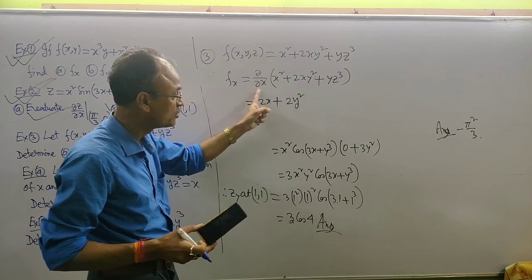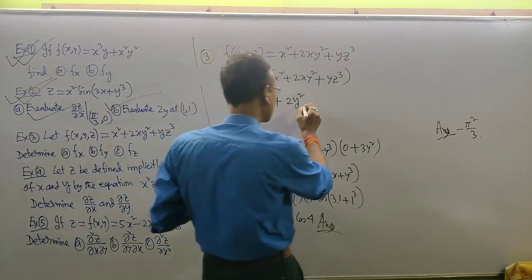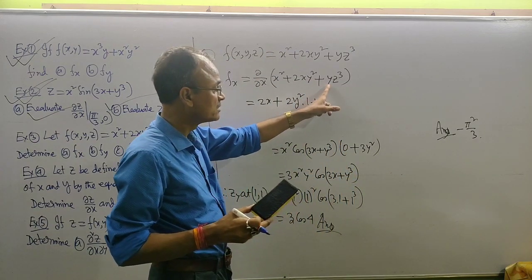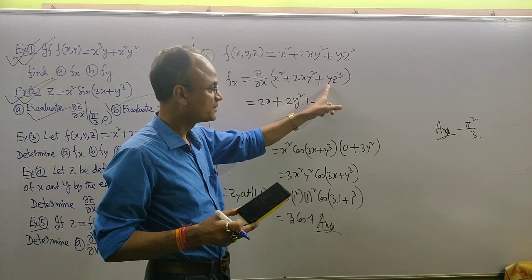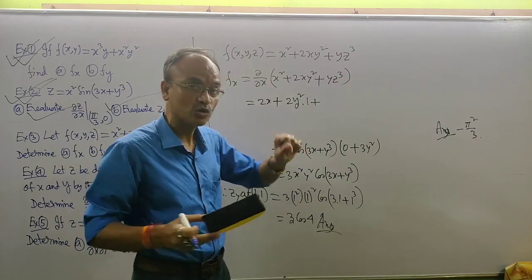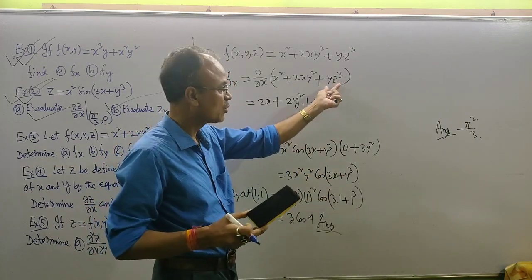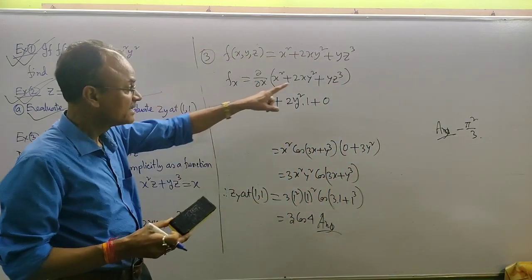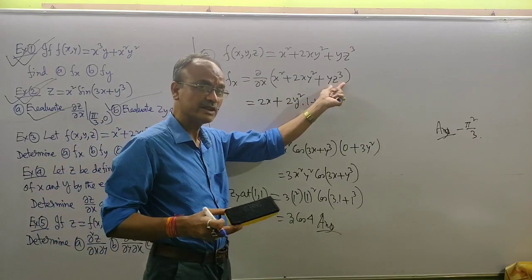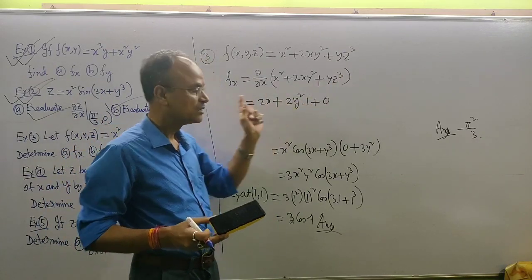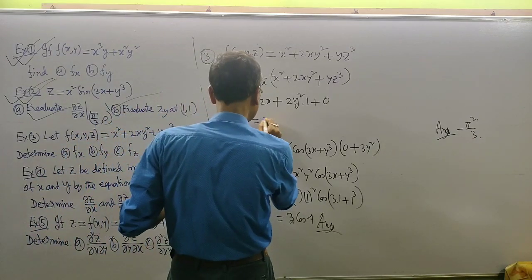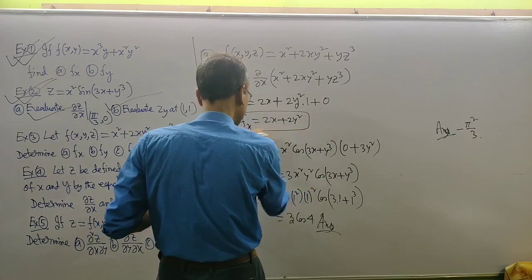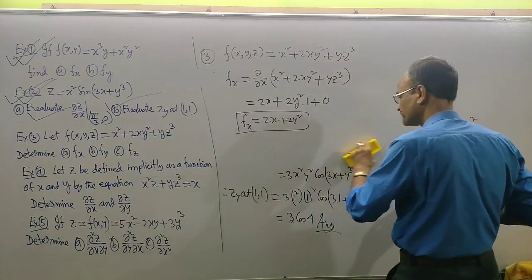Differentiation of x partially with respect to x is 1, so twice y square into 1. Plus y is treated as constant and z should also be treated as constant. Therefore, yz cube is constant because we are differentiating partially with respect to x. Differentiation of a constant is equal to 0. Therefore, you will get ultimately twice x plus twice y square. Fx is equal to this.